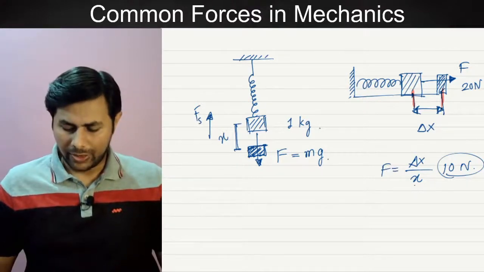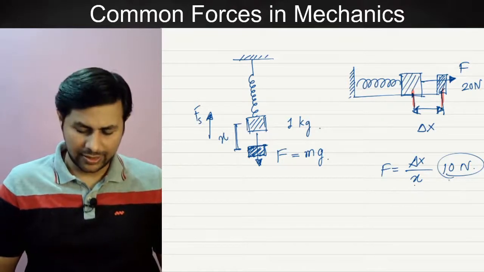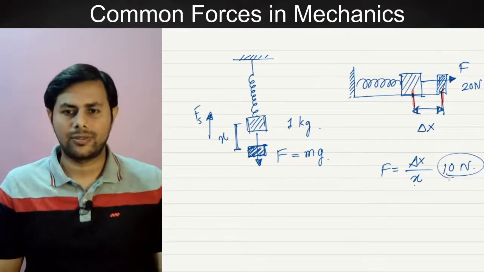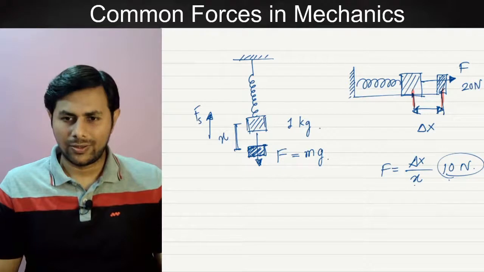So F equals what? Delta X divided by X multiplied by, let's say, 10. Is it clear?